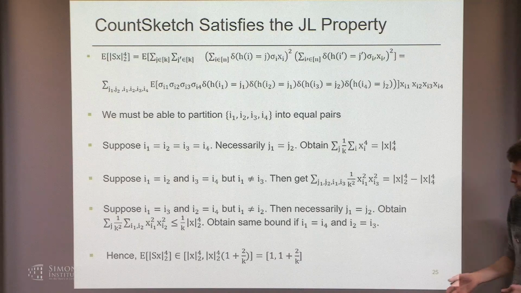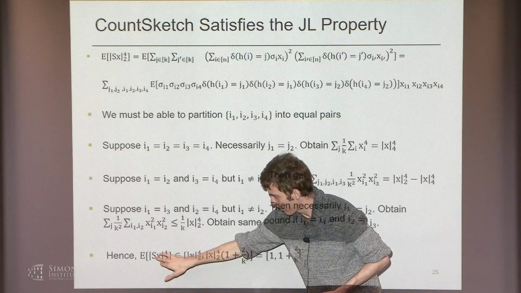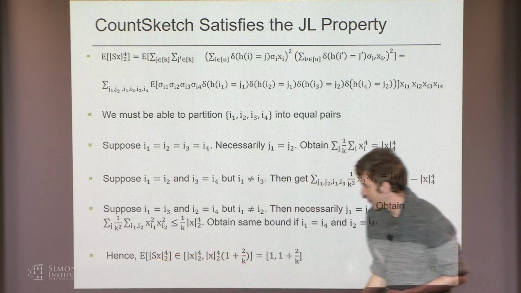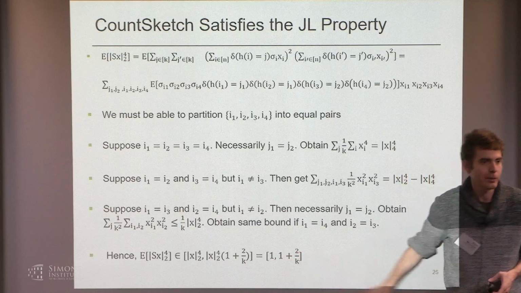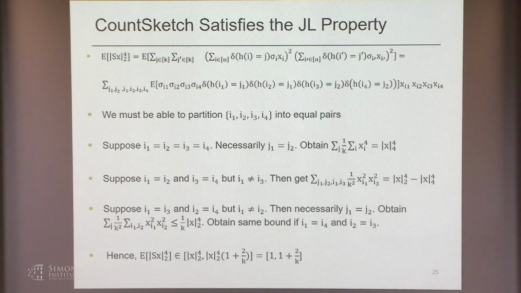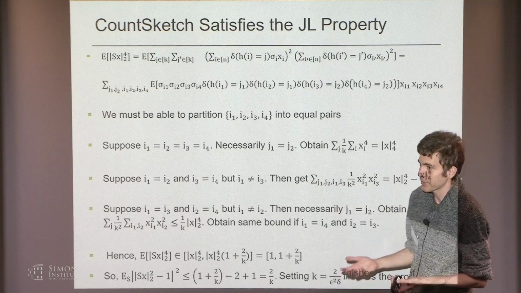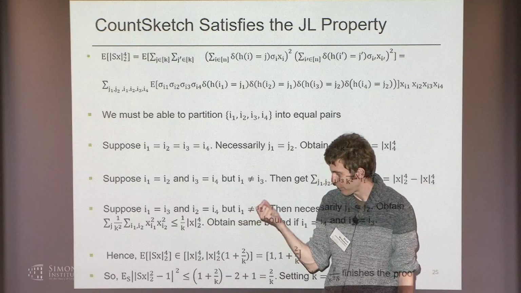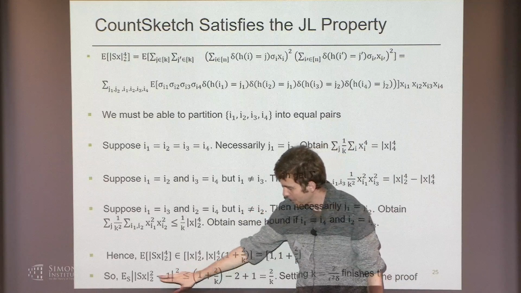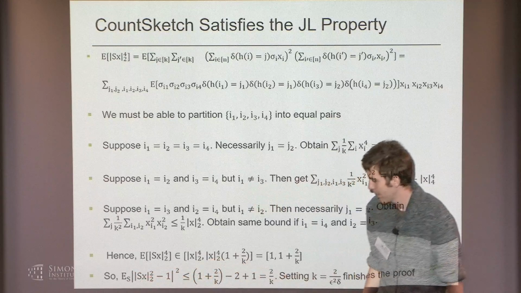But at the end of the day, what you get is that the expected value of the 4th power of the norm of Sx is between 1 and 1 plus order 1 over k, where k is the number of rows in your CountSketch. And so now we want to show that CountSketch has this JL moment property. For the moment L equaling 2, we have to look at the expectation of the squared value of the squared norm of Sx minus 1.